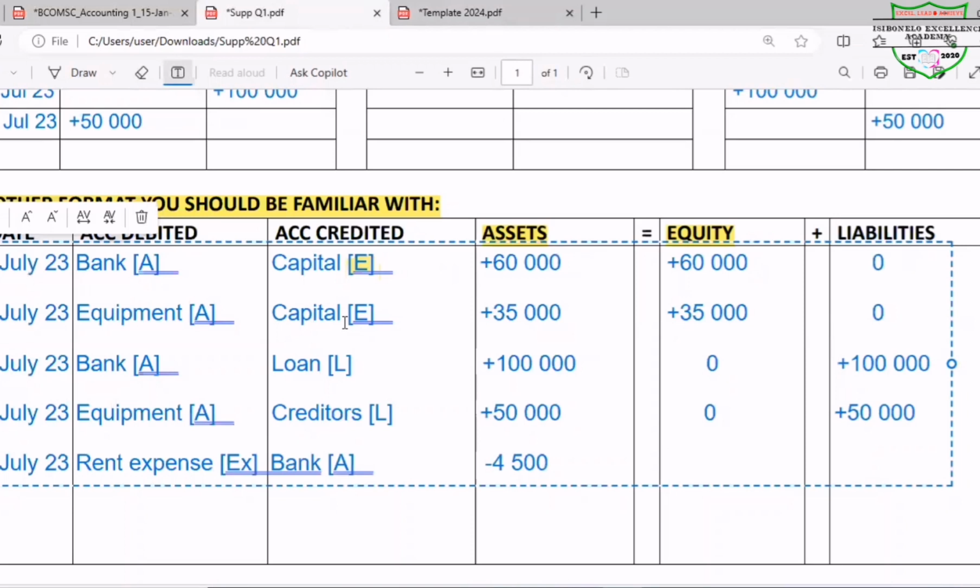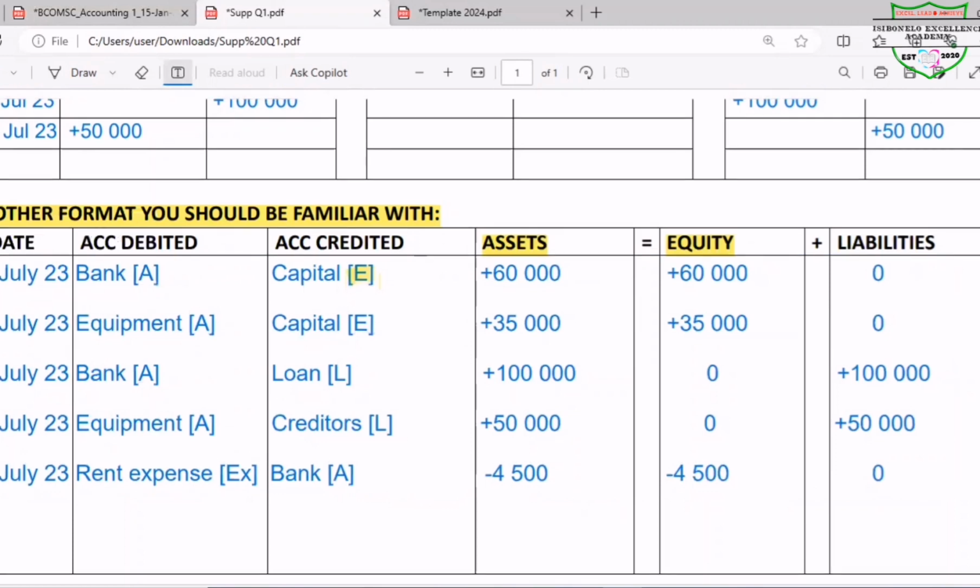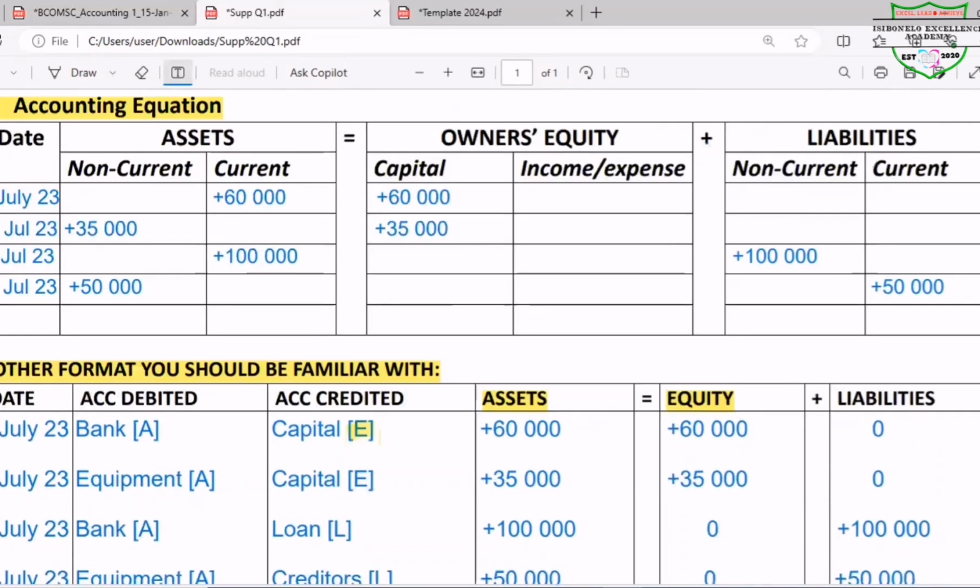So under equity we're gonna have negative 4.5 because this is an expense. All expense accounts reduce the value of equity. I hope you are following. We're gonna put 0 on liabilities because this column is not affected. And then let us show it in this other format.